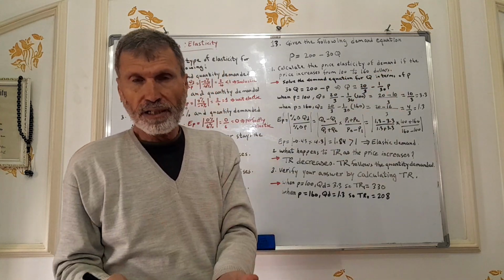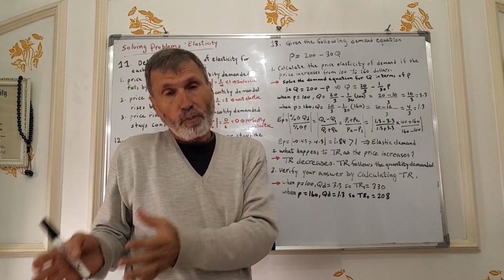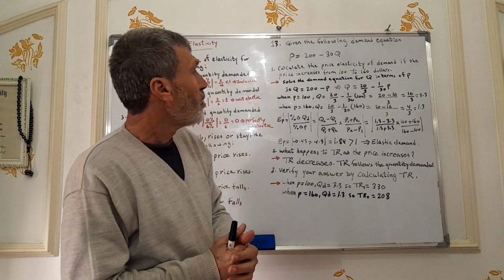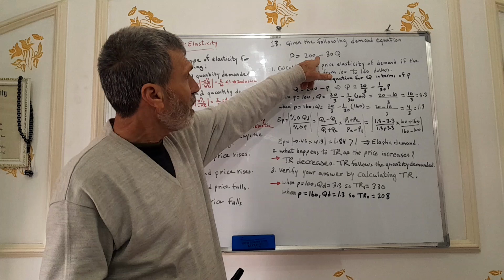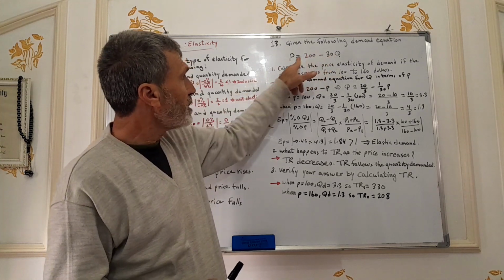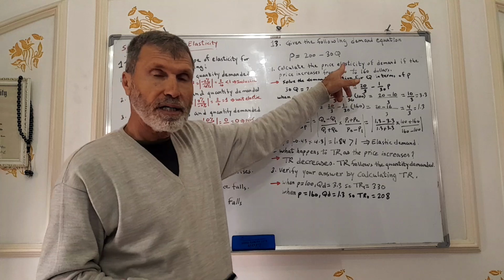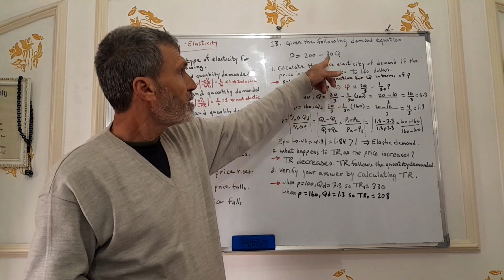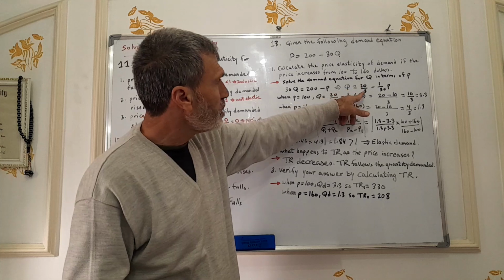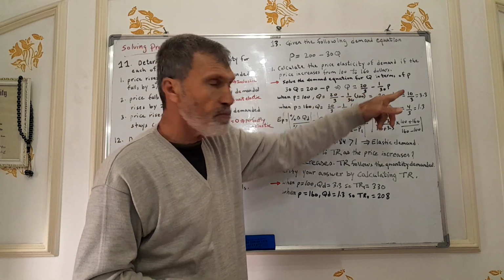So here we know the price, so we need to find the corresponding quantities. We have to solve this equation for Q in terms of P, and when we do that, we come up with Q equals 20 over 3 minus 1 over 30 P.